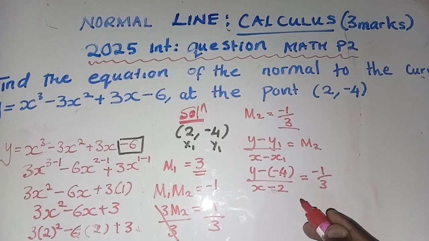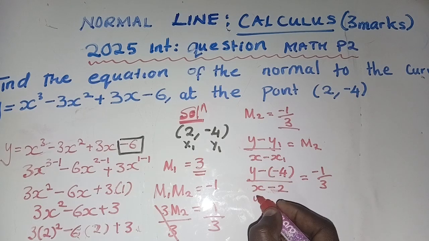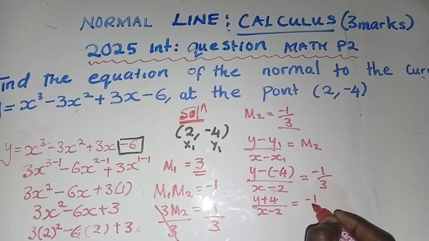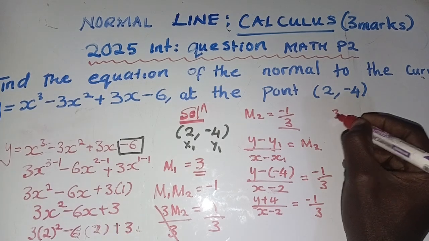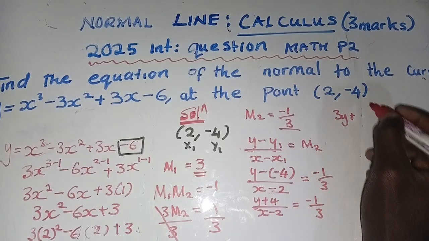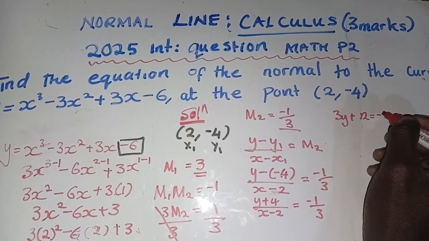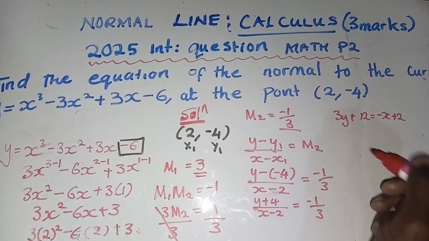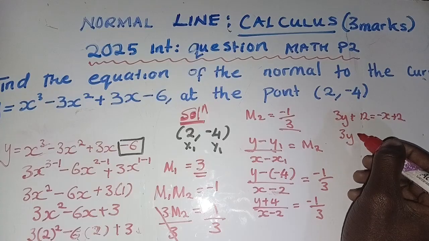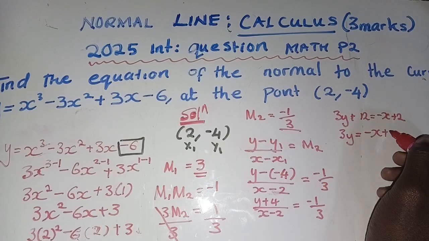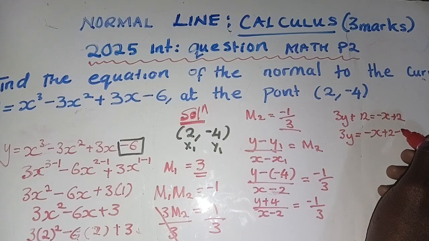What is our next procedure? Negative times negative gives positive, so y plus 4 over x minus 2 is equal to negative 1 over 3. Then we multiply: 3 times y plus 4, 3y plus 12, is equal to negative x plus 2. Then crossing over to the other side, 3y is equal to negative x plus 2, then negative 12.